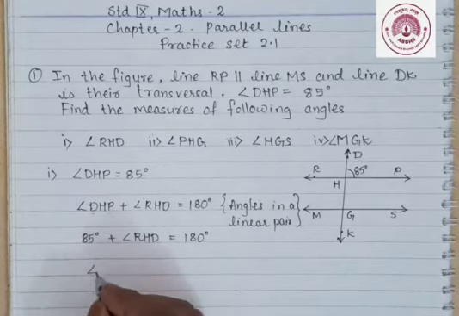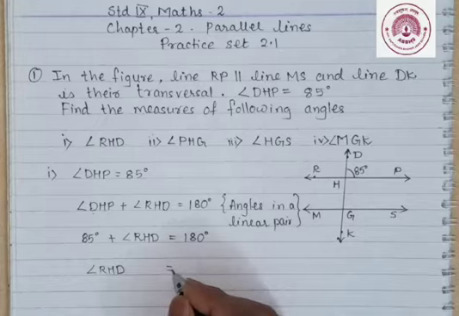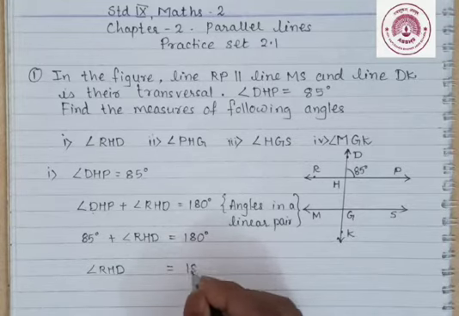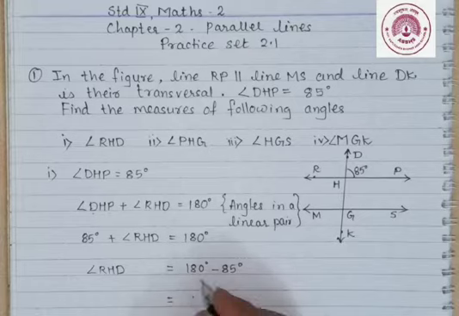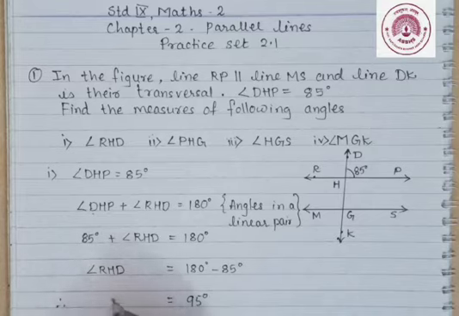Now angle RHD equals 180 degrees minus 85 degrees, which after subtraction is 95 degrees. So we can say angle RHD is equal to 95 degrees.